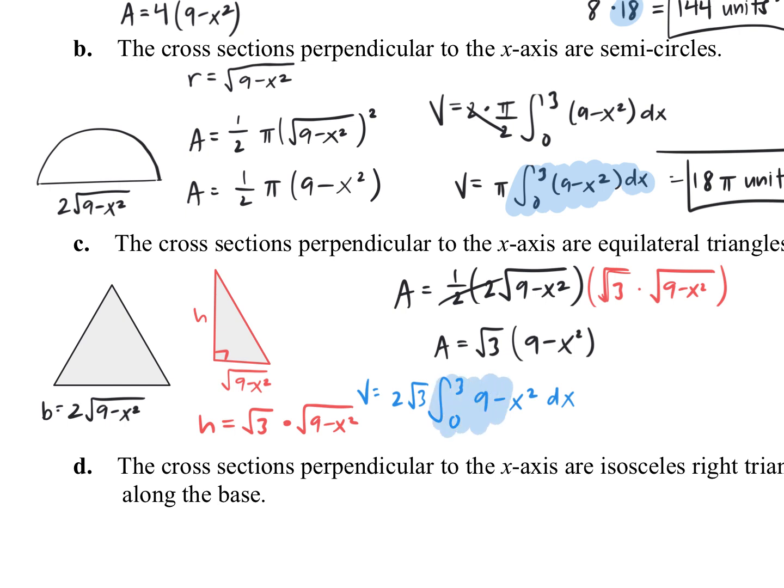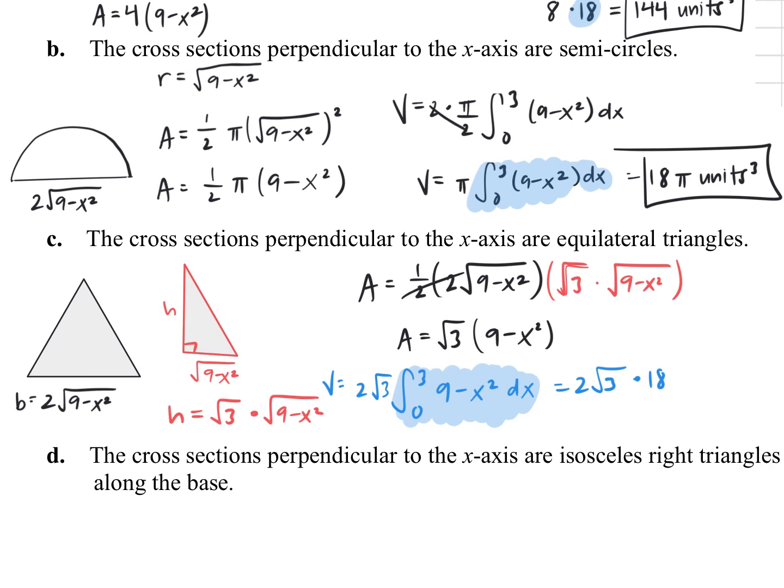This piece right here equals 18. So I've got 2 square root of 3 times 18. So that just gives me 18 times 2, so 36 square root of 3 units cubed.